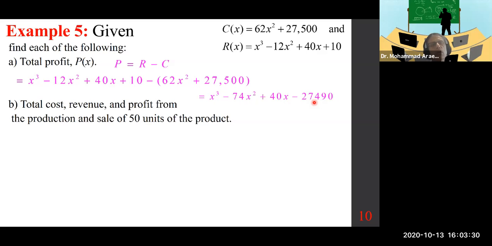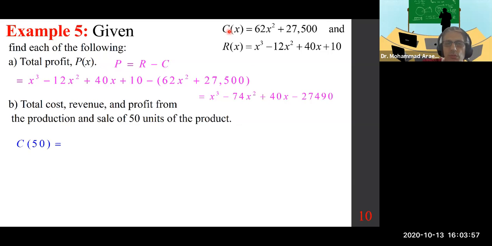So what is the total cost, revenue, and profit when we have 50 units produced and sold? Just plug in. Don't worry about that; I assume everybody can do that. Just plug in 50 for the cost, 50 for the revenue, 50 for the profit. Now, to calculate the profit, you have two choices. Again, plug it in here, or just do revenue minus cost.